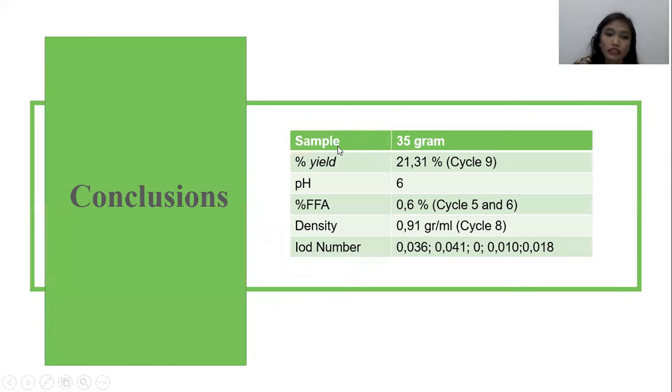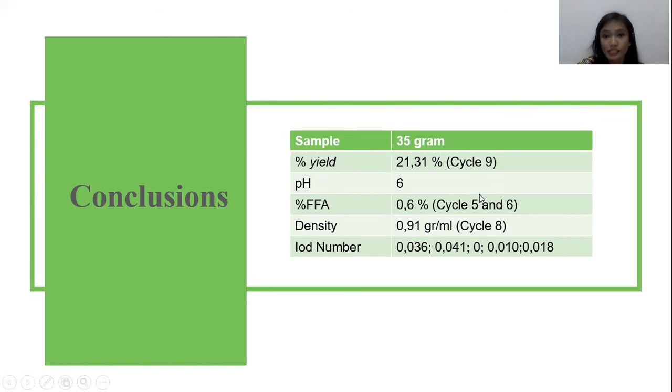The conclusion of this research: the percentage yield in the 35 gram sample at 9 circles is 21.31%.